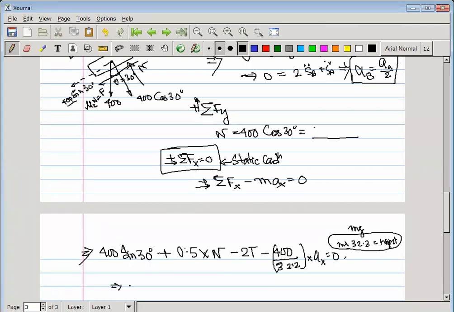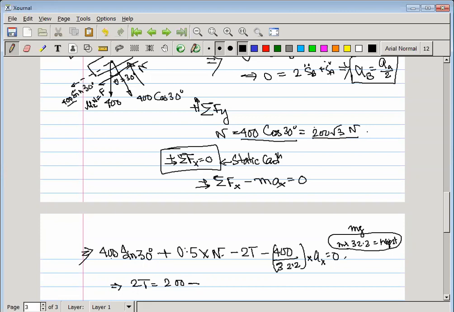So if we need to calculate the tension, we can write the equation in such a manner, that is 400 sine 30 is half, so 400 sine 30 is 200, and N is nothing but, we have calculated, this is 400 cos 30. Please tell what is the value of 400 cos 30, root 3 by 2, so 200 root 3.